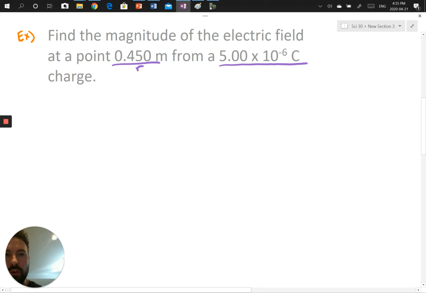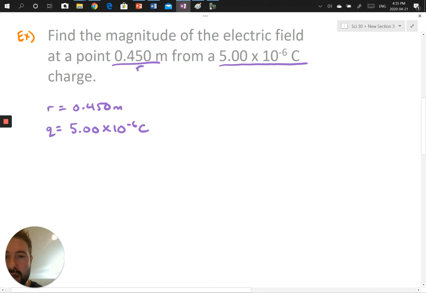Let's see what we have and what we need. We have R, 0.450 meters. We have coulombs here. What measurement is coulombs? Coulombs is Q, and that's from your data booklet, you guys. You have to go and use that as reference. So Q is 5.00 times 10 to the negative 6 coulombs.